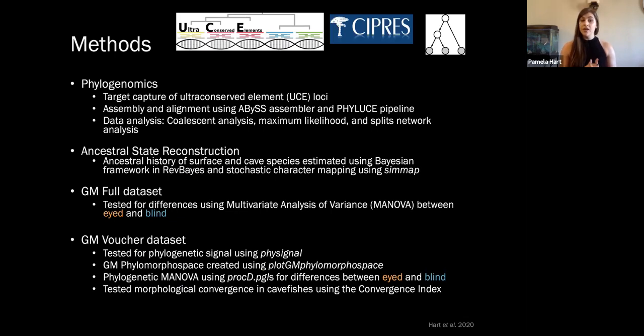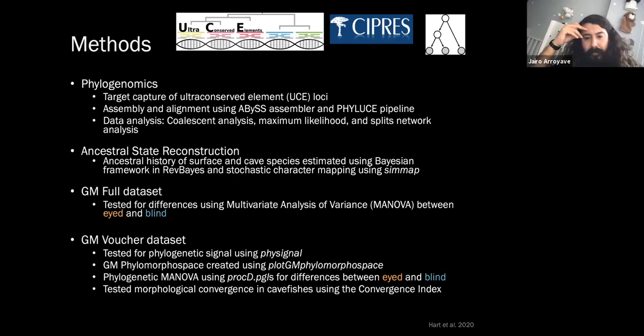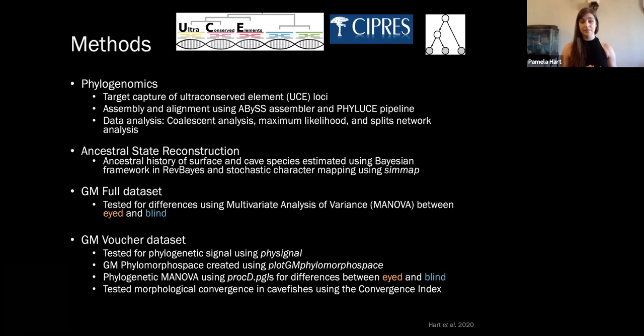So I began with the target capture of ultra-conserved element loci, and this is a popular phylogenomics technique. I then used multi-species coalescent analysis to create phylogenetic trees, and then I created a phylogenetic network using splits network analysis. We performed ancestral state reconstruction using a Bayesian framework.